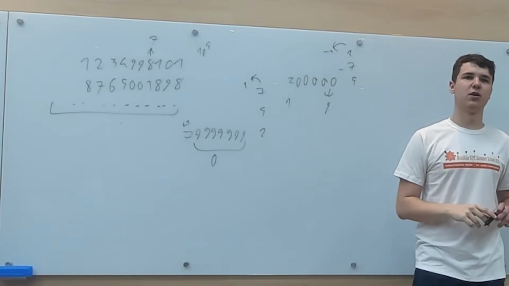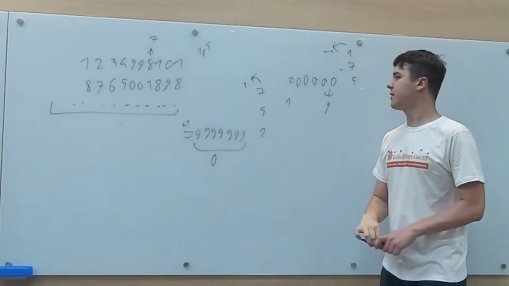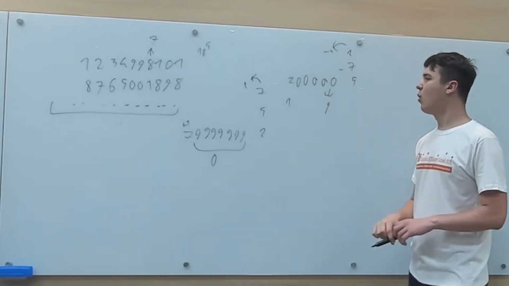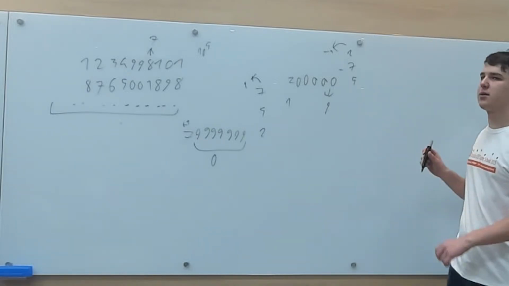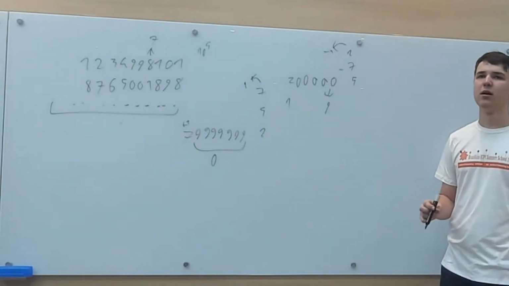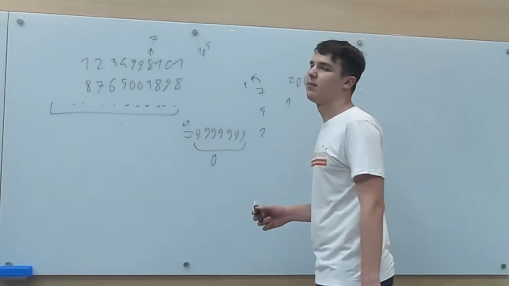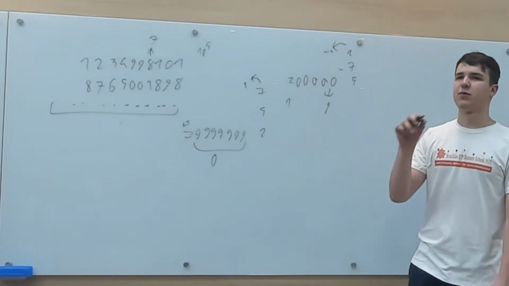Okay, so what we can do is let's maintain a segment tree, which in nodes maintains digits of this number, and what we want to maintain is a sum of digits in a subtree.